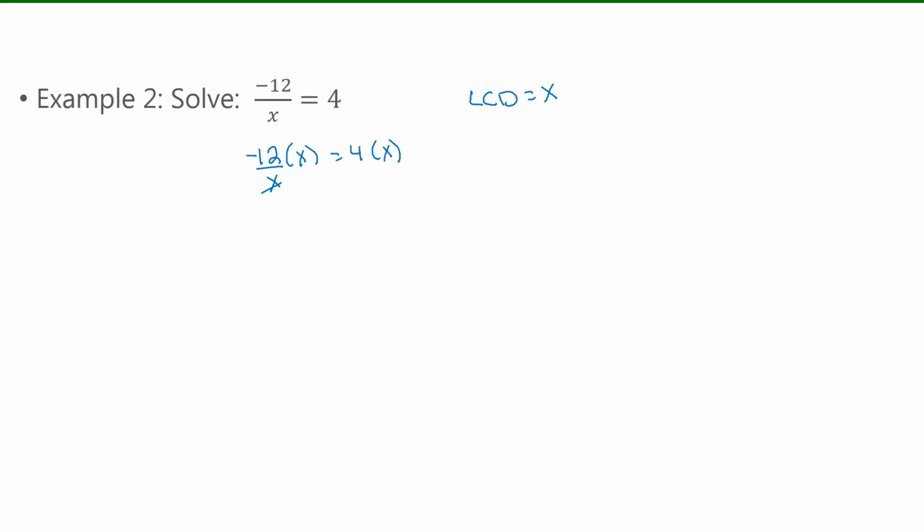Now on the left, the x's are going to cancel, leaving me with negative 12 is equal to 4x. Now I'm going to divide both sides by 4. So they cancel on the right, giving me that negative 3 is equal to x.